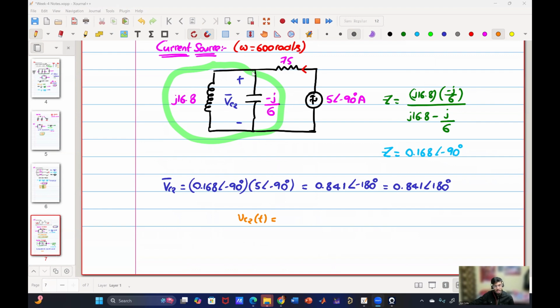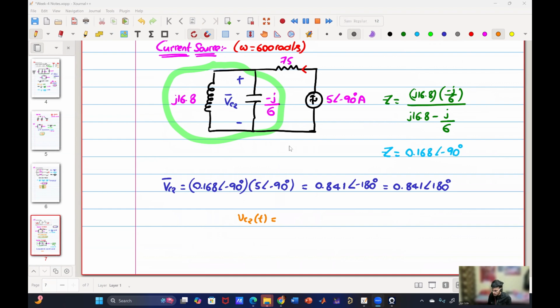Yes, you can apply the current division rule and then multiply with the capacitance. That is also fine, that is also right. It is just my comfortable way. Usually, I reduce the impedance and then multiply by current. But you can do the other way around. You can calculate the current through the capacitor and find the voltage, or you can find the current through the inductor and find this voltage as well, because in either case it is the same. Yes, sir. Thank you.